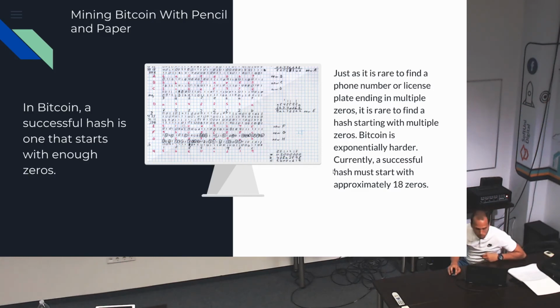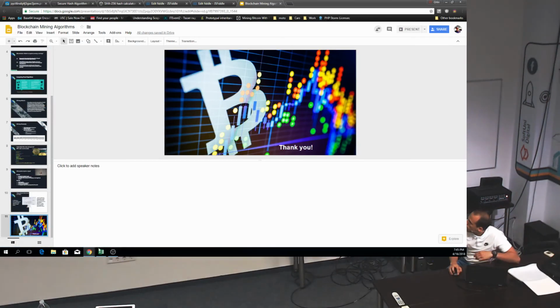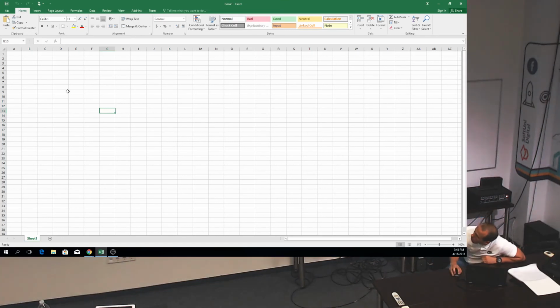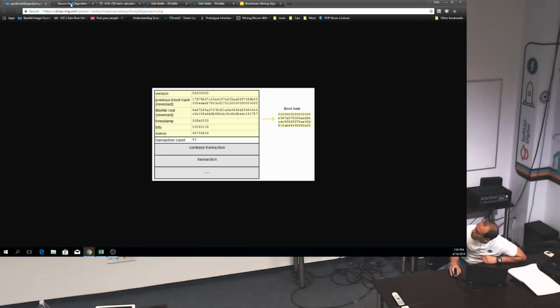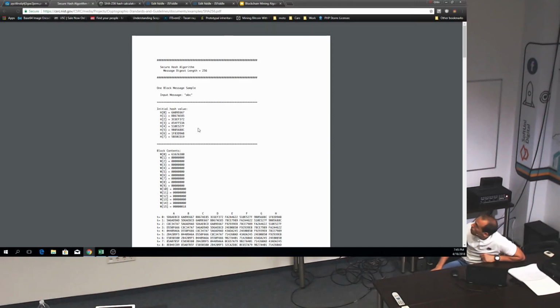So now I'm going to open the Excel. Okay, first of all, this is something that we saw as a number. I'm going to take these 8 variables. They are from the SHA-256 document.